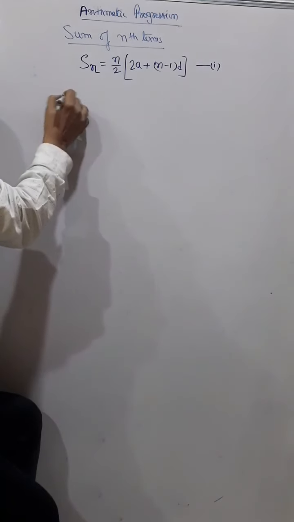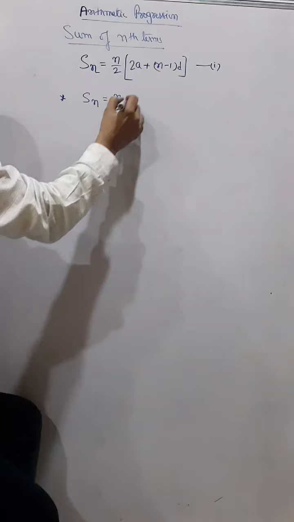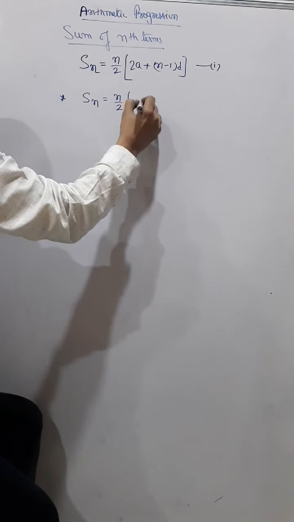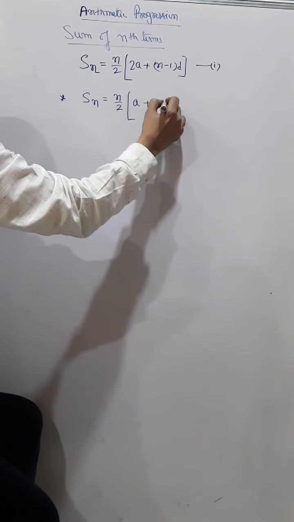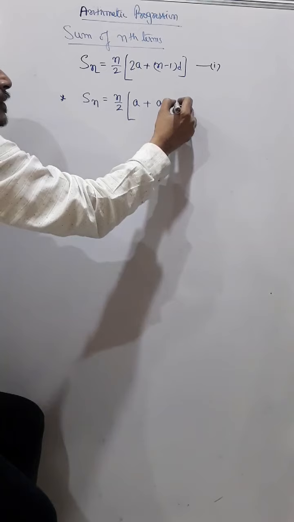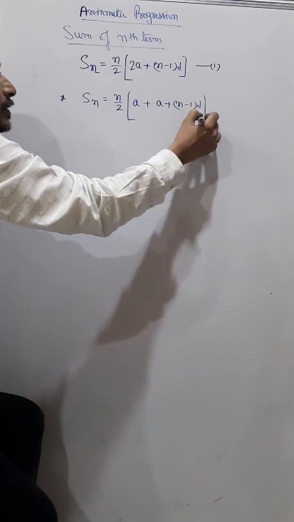Now see, I can split this formula's 2a as a plus a, and then it becomes n minus 1 into d.